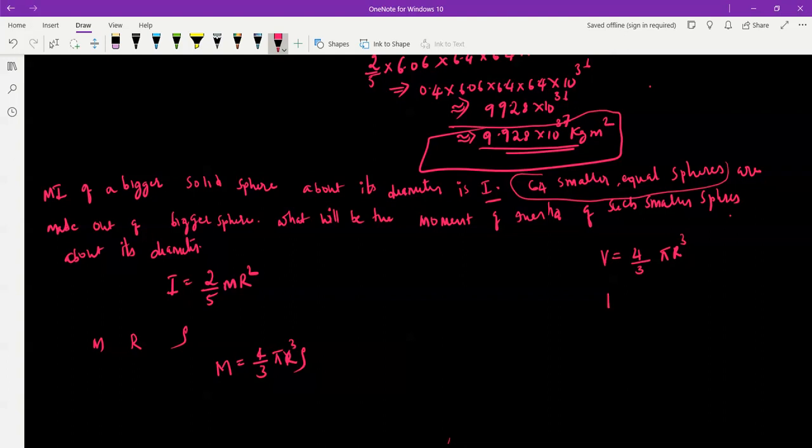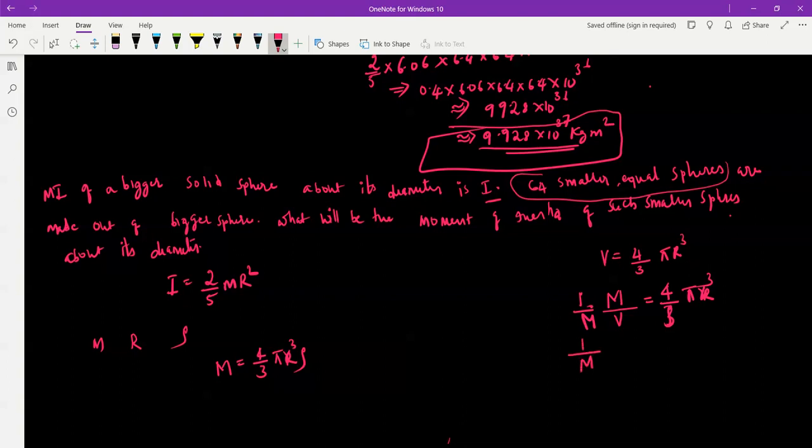So now mass is mass by volume, I can just multiply and divide by m, so it is equal to 4 by 3 pi r cube.